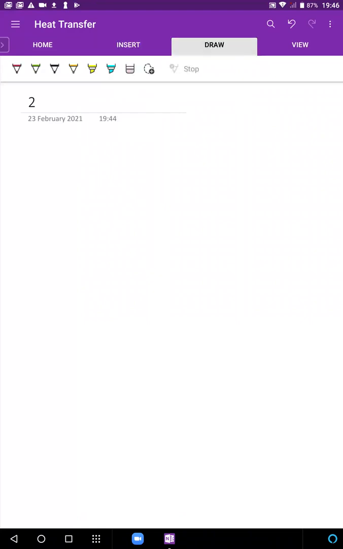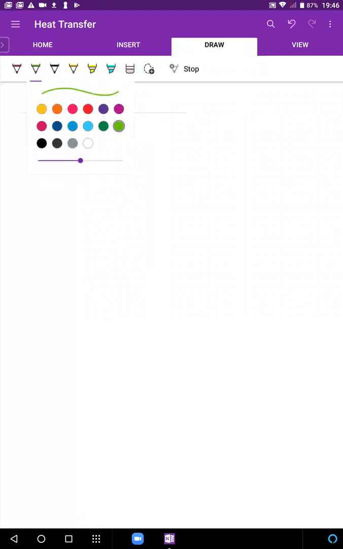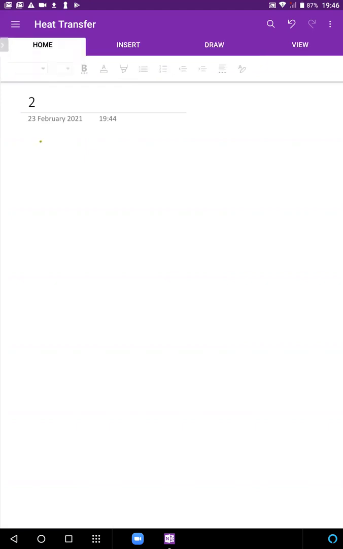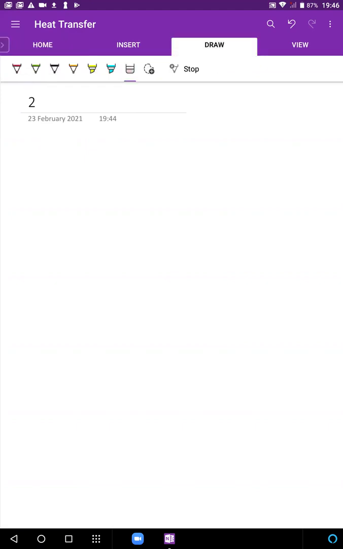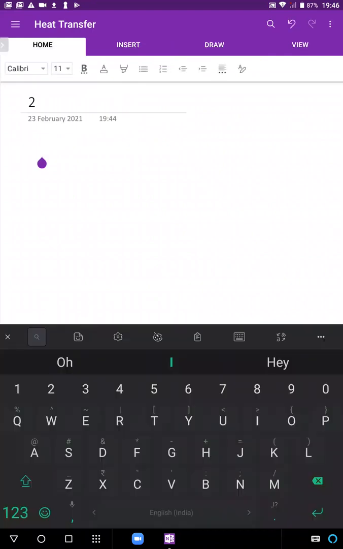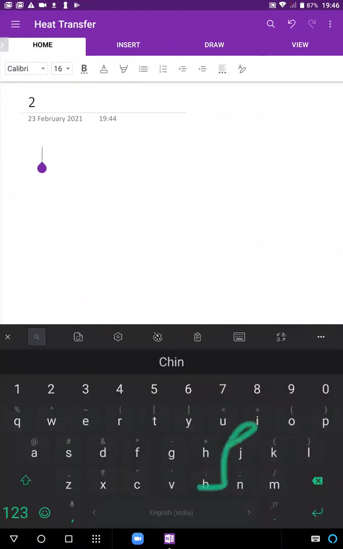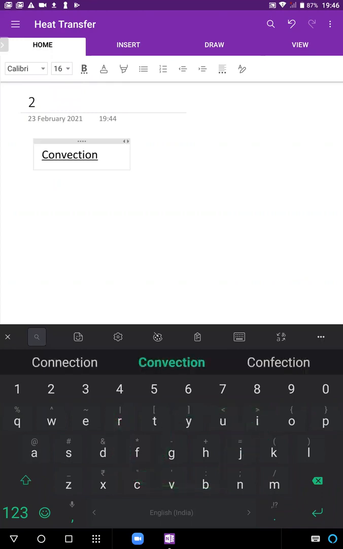All right, so convection. There are two types of convection.